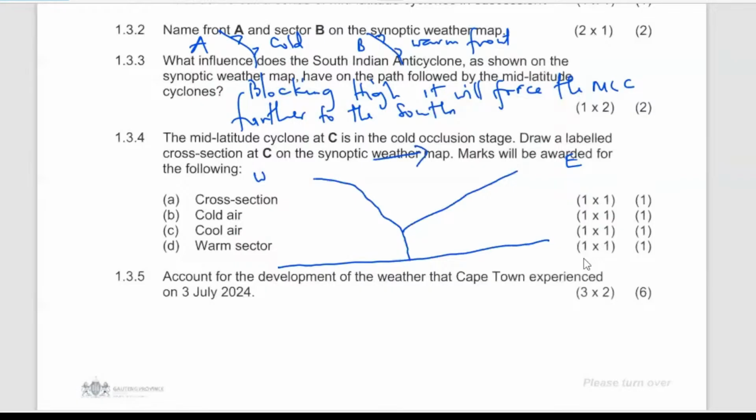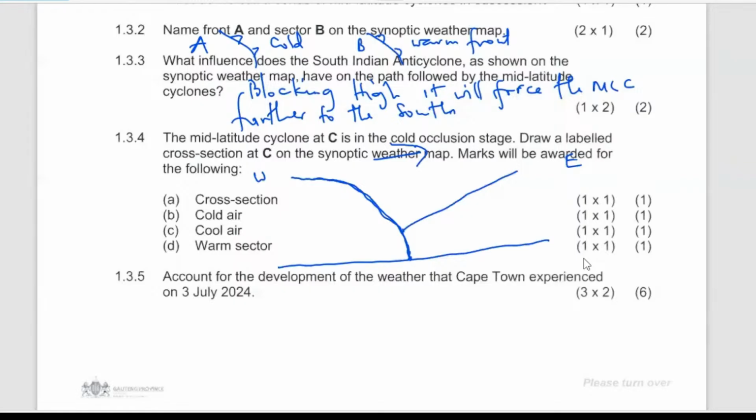Right, so given that we want to check on the mark allocation so that we are able to identify the given features of the mid-latitude cyclone, the shape of the cross-section must be in such a way that it is the cold front that touches the ground because it's a cold occlusion. So we must have the cold front proceeding to touch the ground surface here to show that it's a cold occlusion.